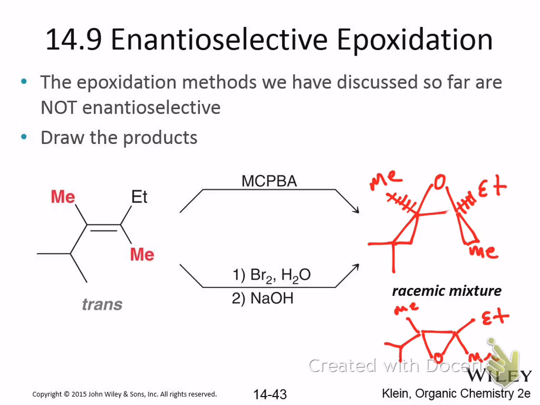The oxygen can be down like this as well, that group will still be in the forward direction, that'll still be in the back. Like that. Now if you take this molecule and you flip it over, or if you look at the plane like this, those are mirror images of each other. Okay. So because the oxygen can either come from the top side and the bottom side, you end up with a racemic mixture on asymmetric alkenes.